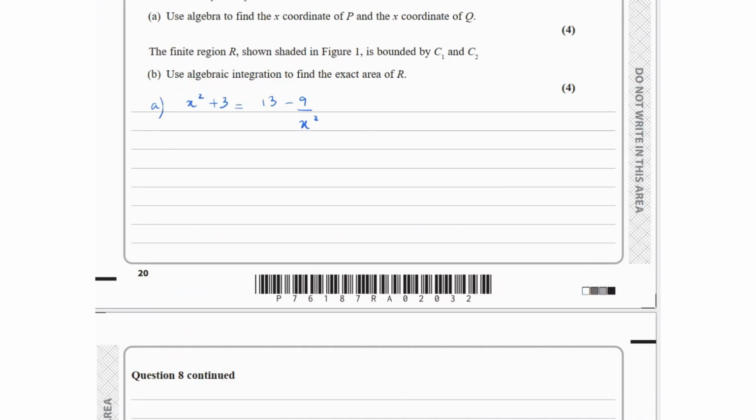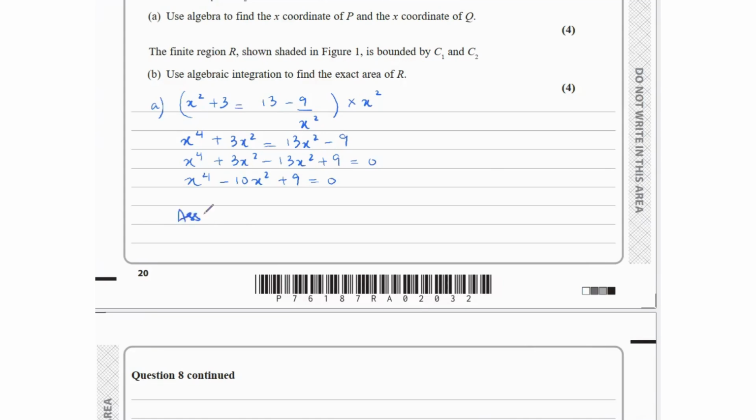Multiply the entire equation by x squared to get rid of the fraction. X to the power of 4 plus 3x squared equals 13x squared minus 9. Bring everything to the left-hand side. X to the power 4 plus 3x squared minus 13x squared plus 9 equals 0. X to the power 4 minus 10x squared plus 9 equals 0.